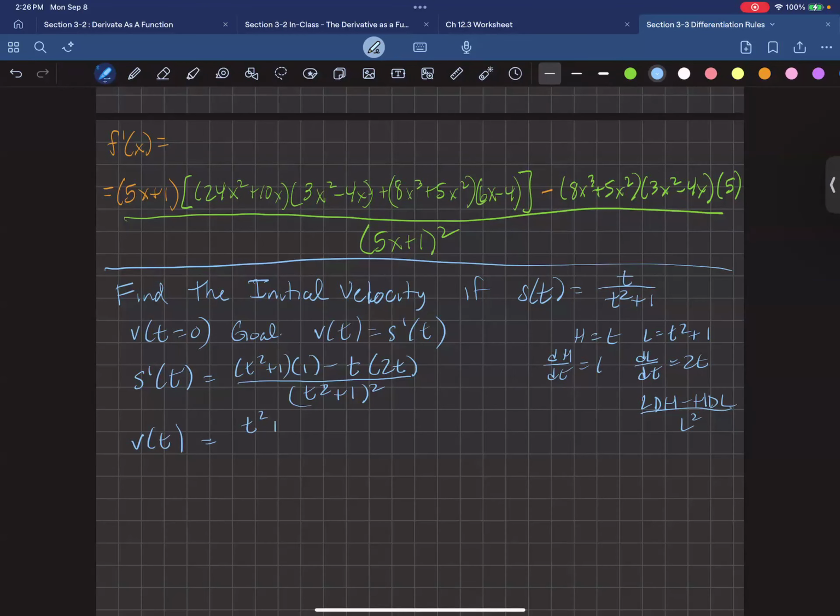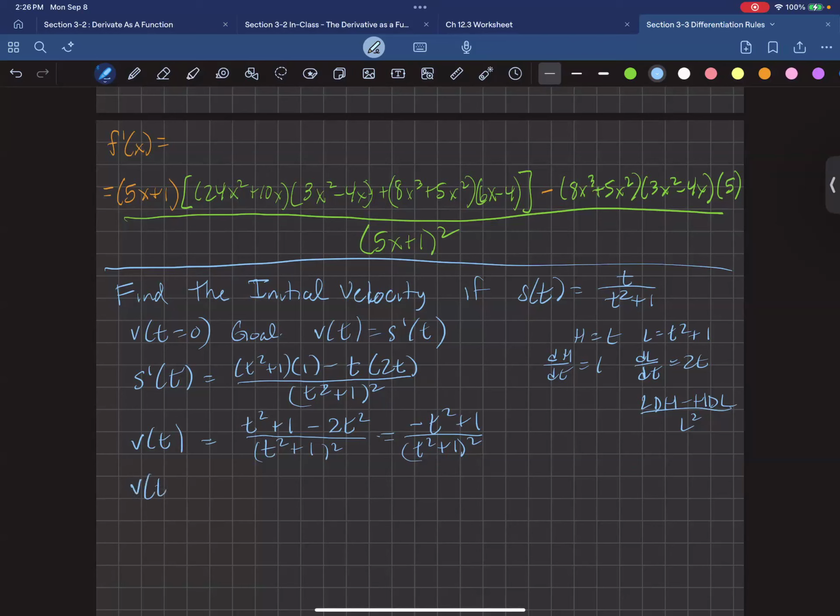I've got t squared plus 1 minus 2t squared over t squared plus 1 squared. So that equals negative t squared plus 1 over t squared plus 1 squared. That doesn't clean up any.